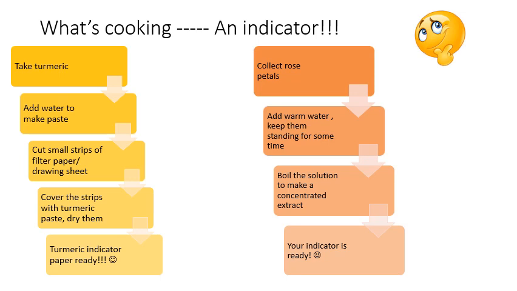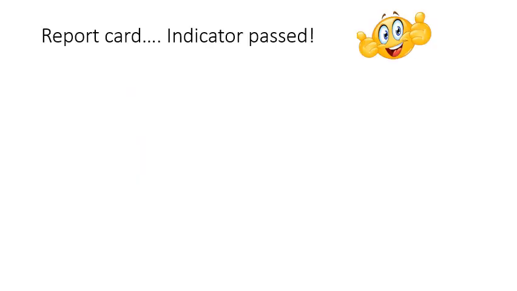Now, since the indicators are natural indicators, you may not be able to see an evident color change. But if you have followed the steps very well, if you have boiled the solution and made a concentrated extract, then nobody is going to stop your indicators from giving awesome results. Let us see the report card of your indicator and find out whether your indicator has passed the test or not.